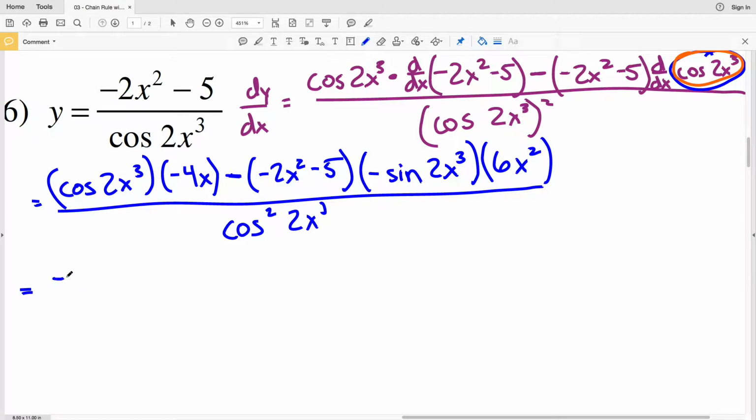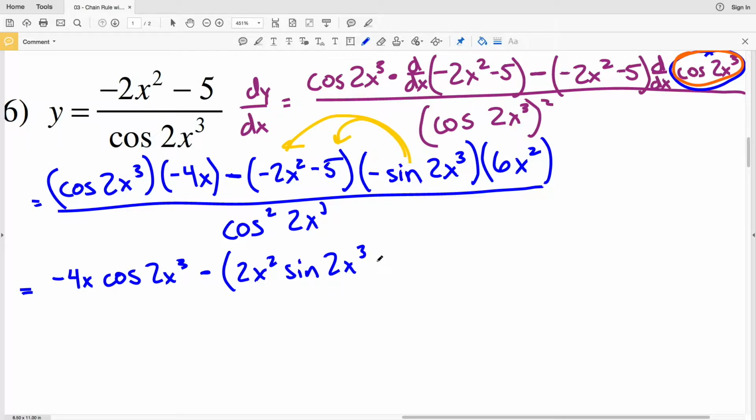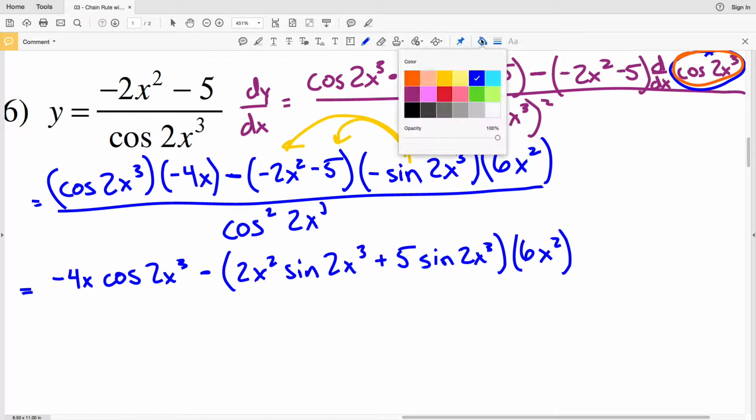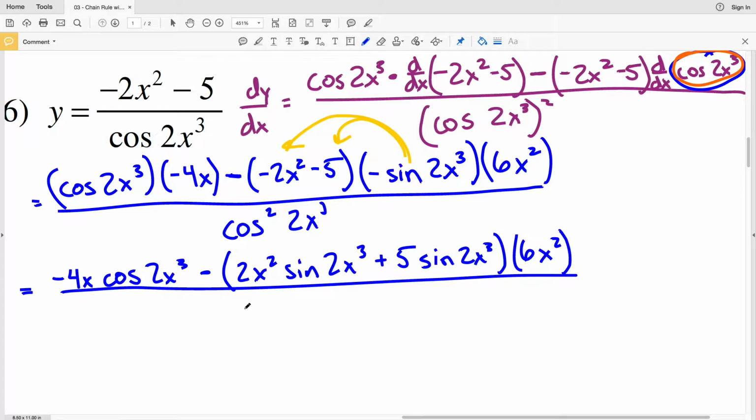Simplifying, I'll have negative 4x times the cosine of 2x cubed minus, I'll distribute the negative sine to each of my terms. So that's going to be positive 2x squared times the sine of 2x cubed minus a negative, so plus 5 times sine of 2x cubed, and that all gets multiplied by 6x squared. And remember, this is all over the cosine of 2x cubed, that quantity squared.